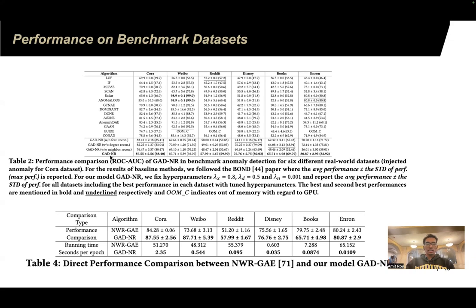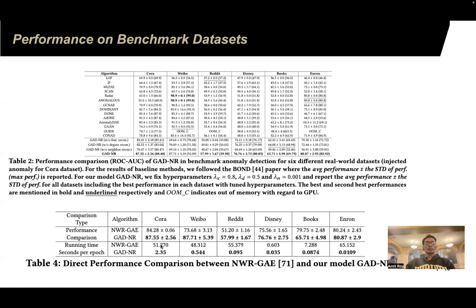We can see that GAD-NR can outperform the baseline graph anomaly detection models in 5 out of the 6 datasets, which shows that our neighborhood reconstruction approach is very impactful in detecting anomaly nodes in these datasets.